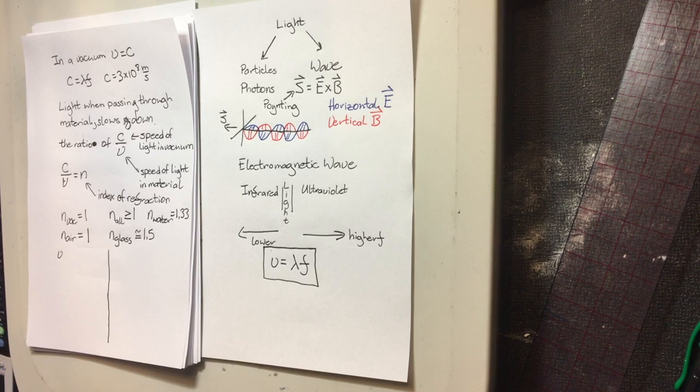What value is it? I'll either ask for the value. Typically my generic value for water is 1.33. I think that's what it is anyway. Glass comes in all types of flavors. So it could be 1.4, 1.5, 1.8, whatever.